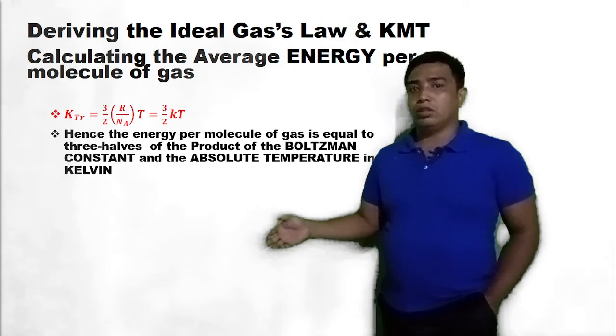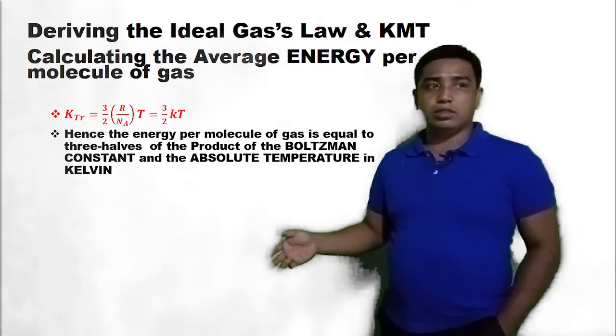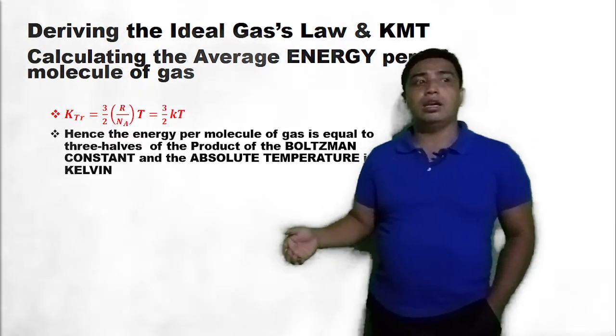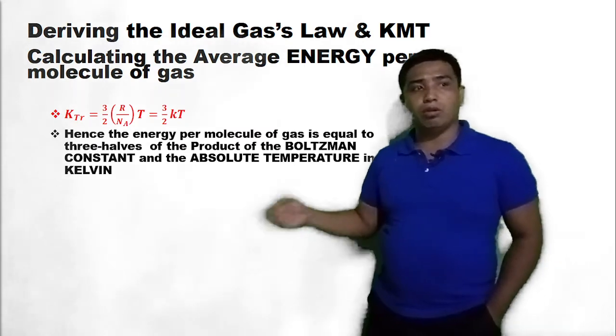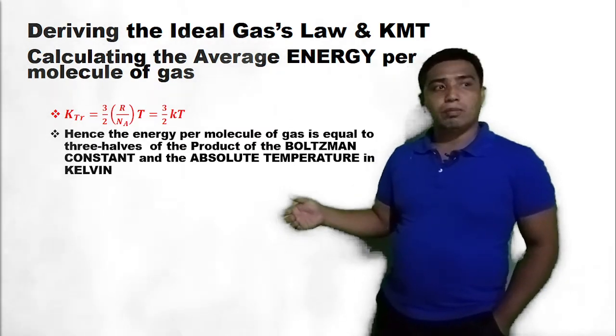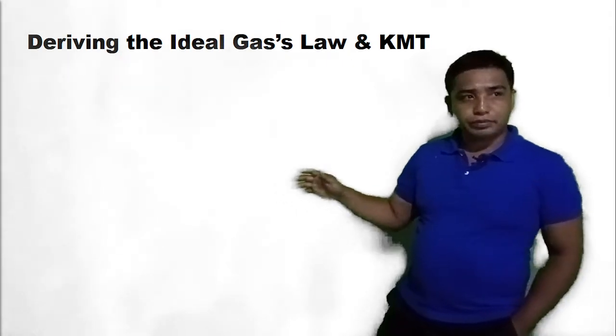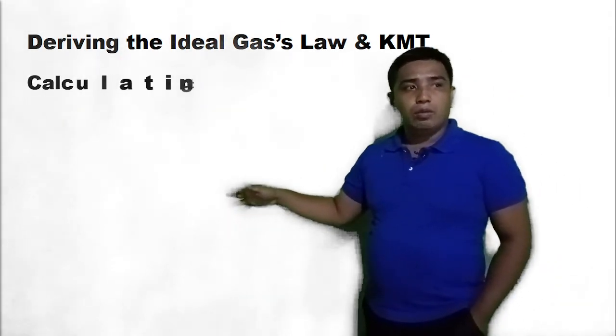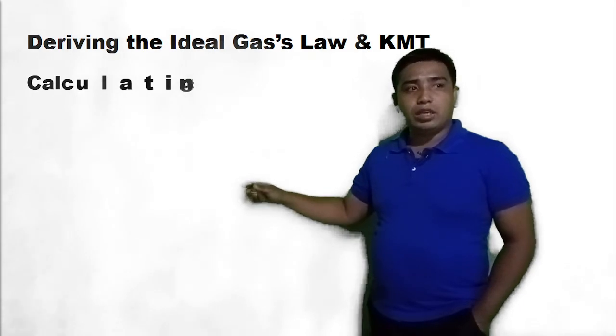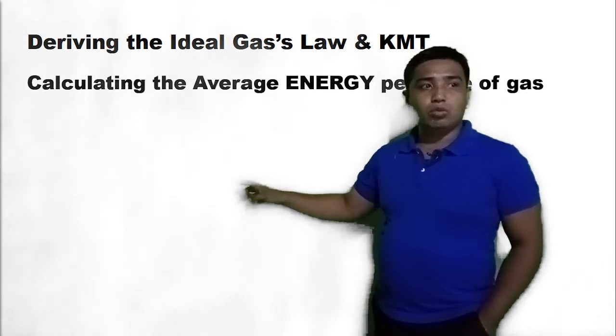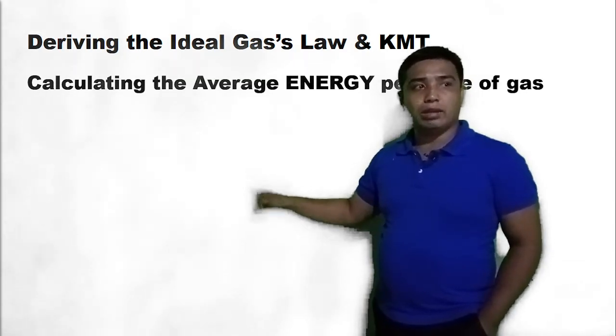Alright, so we can actually find the average energy per mole of the gas. We just have to multiply both sides by Avogadro's number, and we get KTR per mole is equivalent to 3 over 2 R times the temperature.